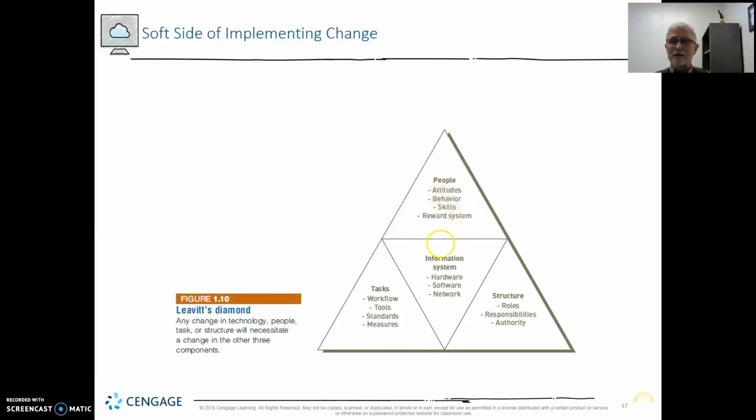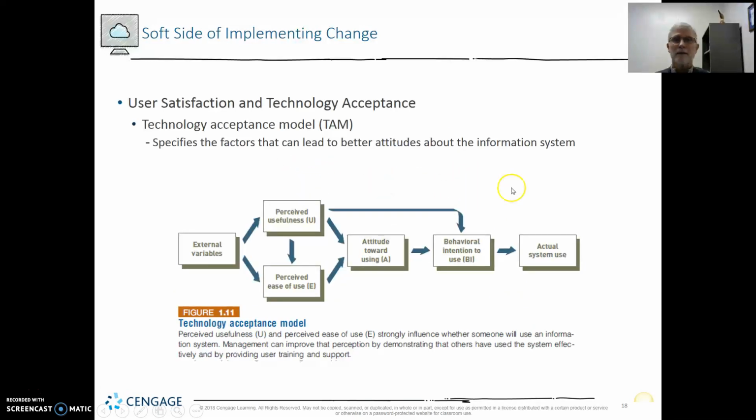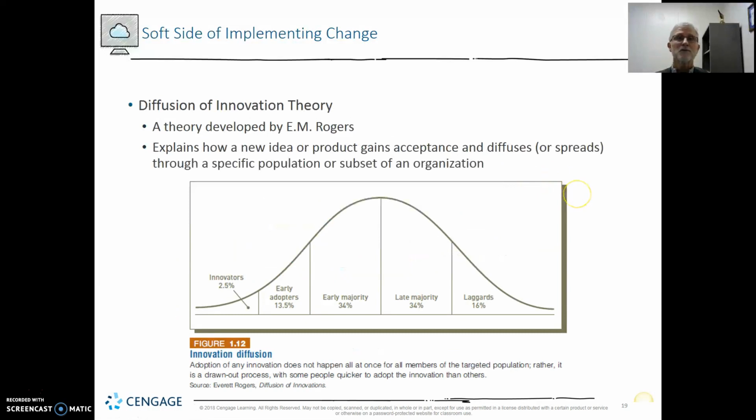Leavitt's diamond model says I've got four different parts to a system, and changing any one of those affects the other three. You've got user satisfaction models for acceptance of technology. You've got diffusion of innovation.